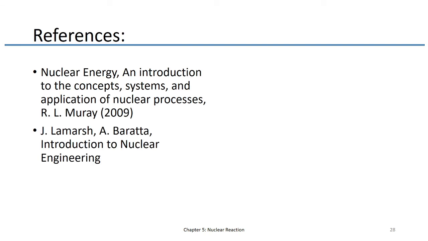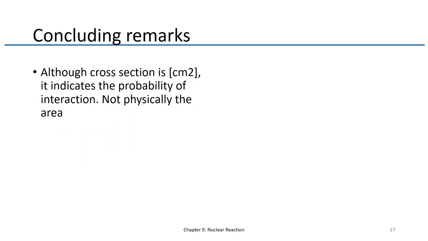So this video will end soon. As concluding remarks, the cross section, although it is expressed in the unit of cm square, which is area, indicates the probability of interaction.